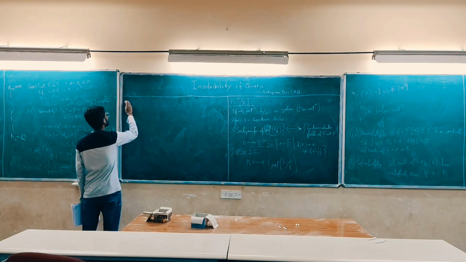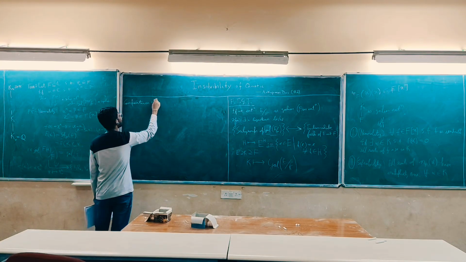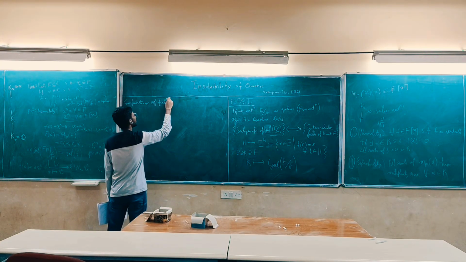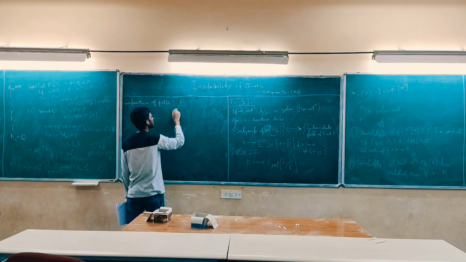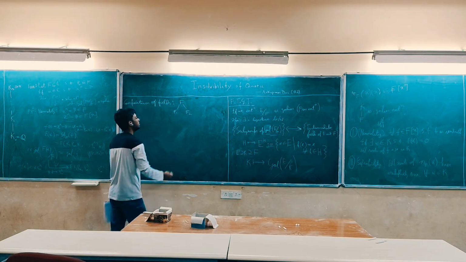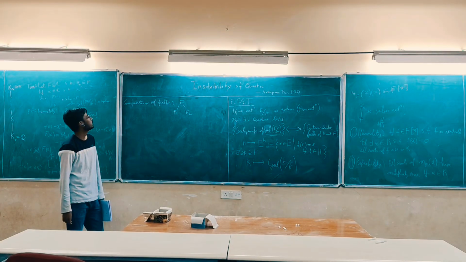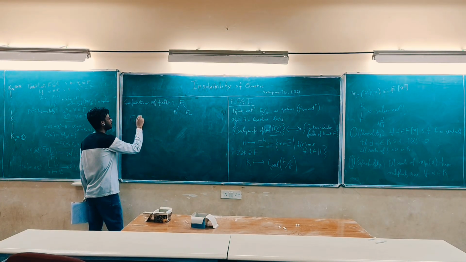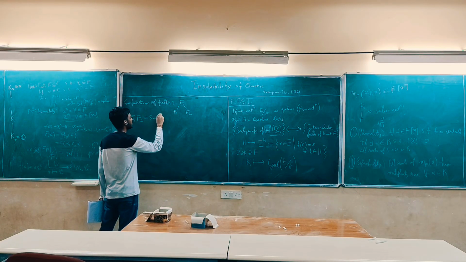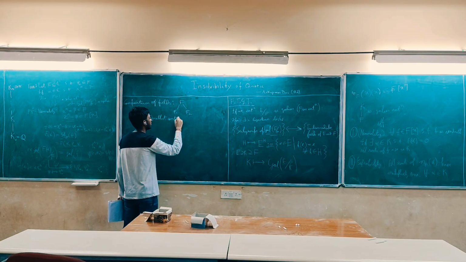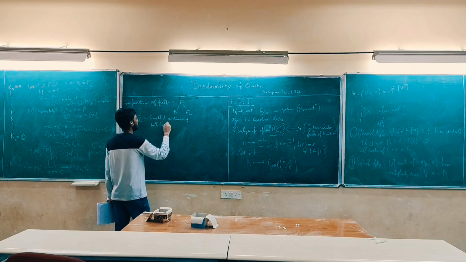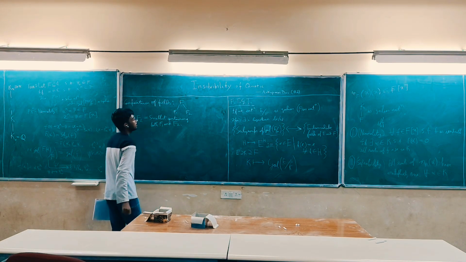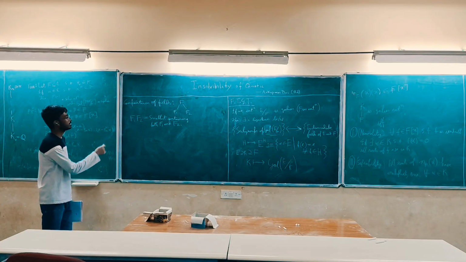Now I will define what is the composite of fields. This diagram just means F1 is a subfield of F, and F2 is a subfield of F. And the composite of F1 and F2 is the smallest field containing both F1 and F2.